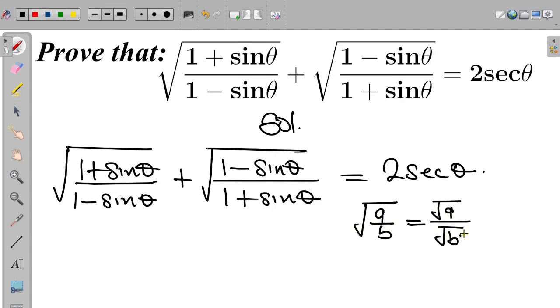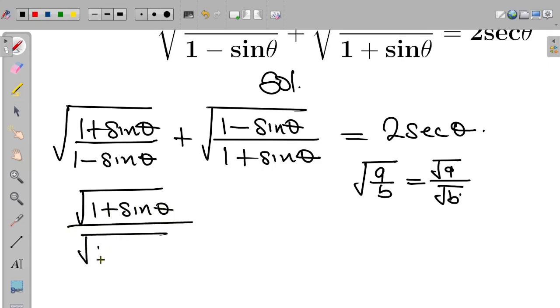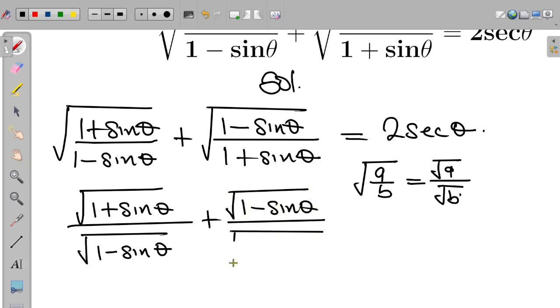So from the left-hand side, we can have this become root 1 plus sine theta divided by root of 1 minus sine theta plus root of 1 minus sine theta divided by root of 1 plus sine theta. So we have to show that this is equal to 2 sec theta.